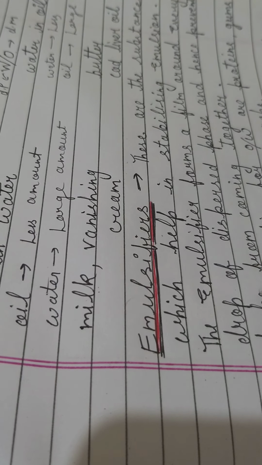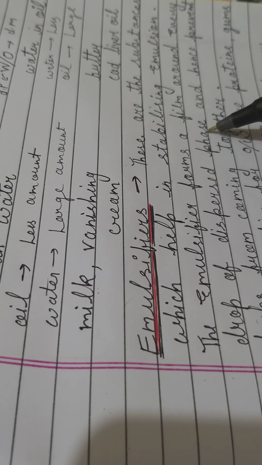Film means that it forms a layer around every drop of the dispersed phase. The dispersed phase, we know, will be present in a small amount, and the emulsifier adsorbs or mixes in the dispersion medium, and hence prevents drops from coming together. It means that if a chemical is creating a layer around the dispersed phase, then two dispersed drops will not come together.